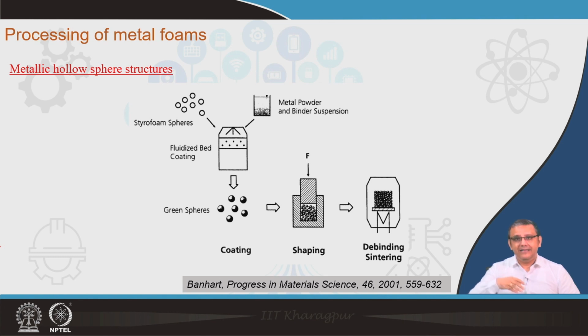Then this shaped body is heated to a high temperature where sintering takes place, and during sintering, neck formation occurs between the individual metal particles, and also between the coated spheres, and that provides sufficient strength and rigidity to the whole porous metal structure.